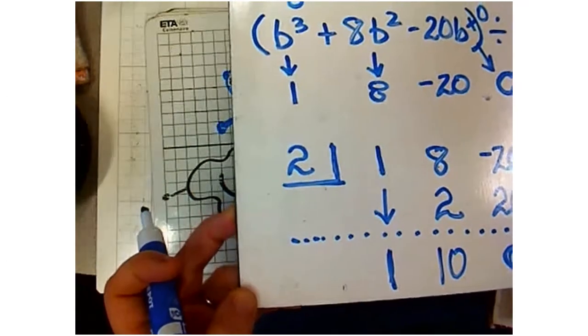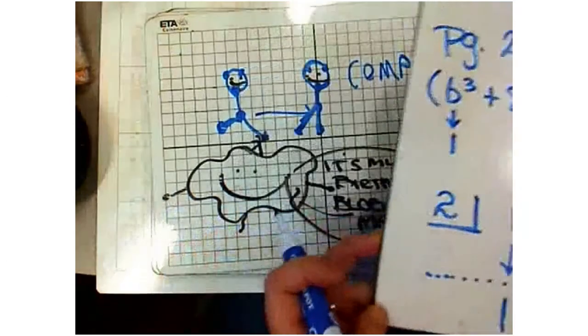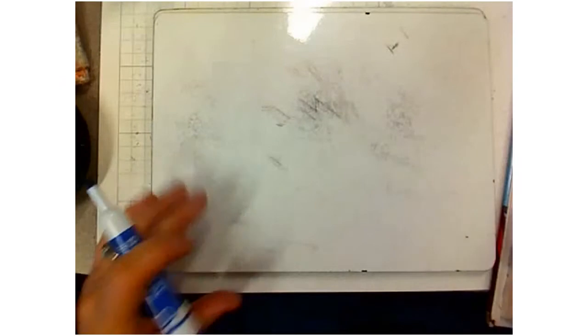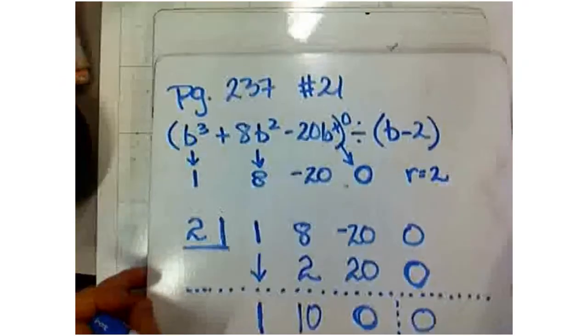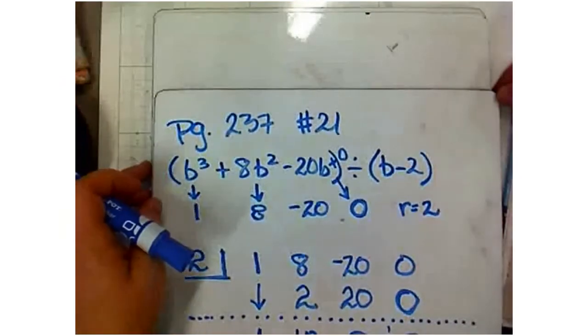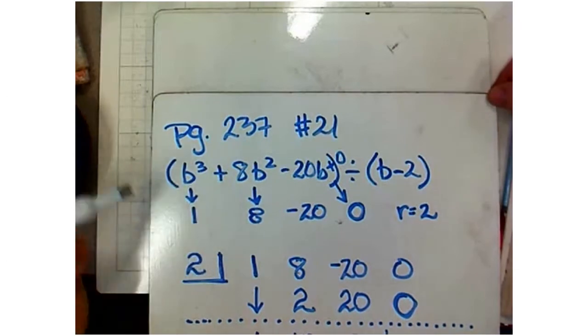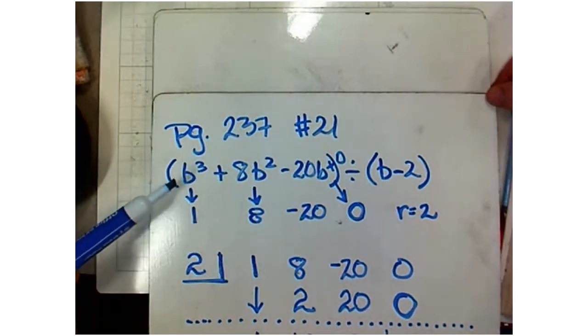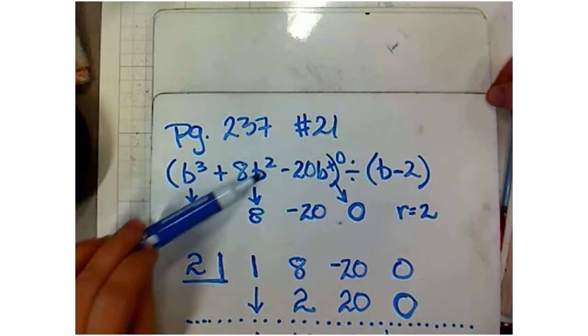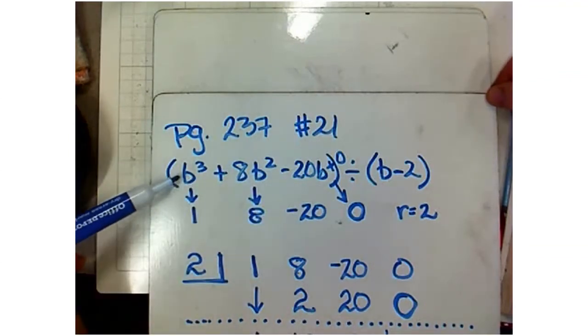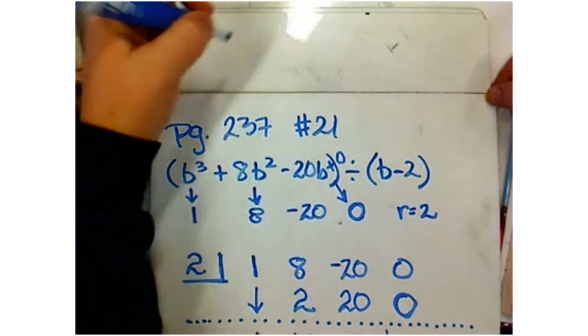All right. Now we have to go back to, you're using a combination of your book and your work, right? You go back and you look at number 21, and it says b to the third plus ab squared minus 20b. So b to the third now becomes what?